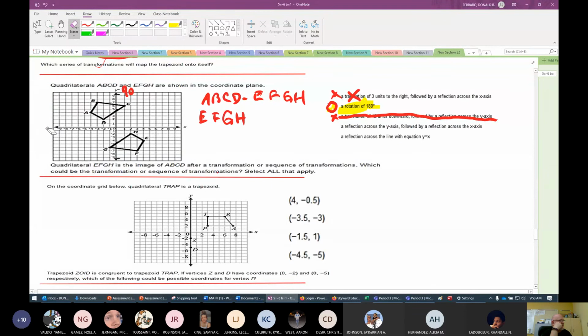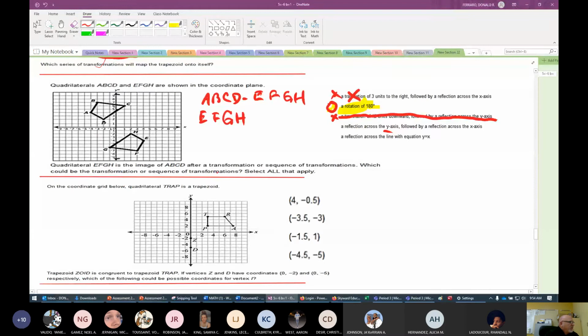All right, the next one is a reflection across the y-axis followed by a reflection across the x-axis. So if I'm just using point B, and I'm reflecting across the y-axis, that is 3 to the left of the y-axis.